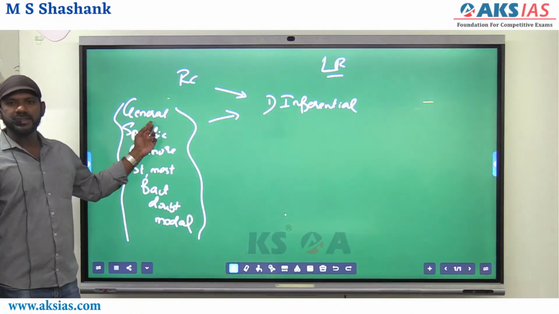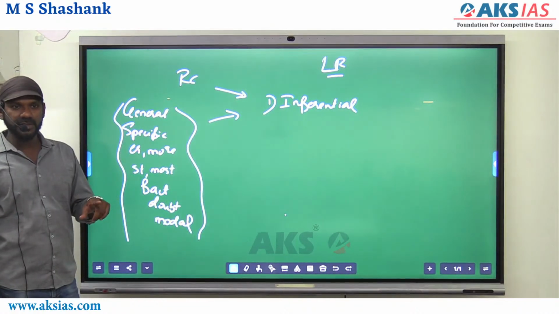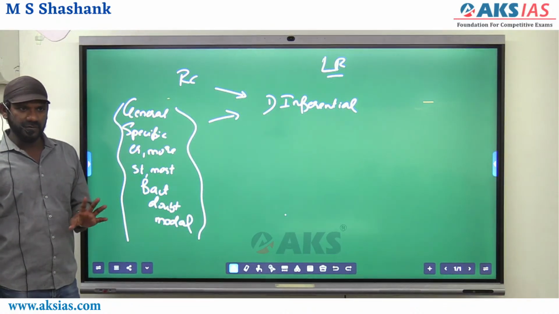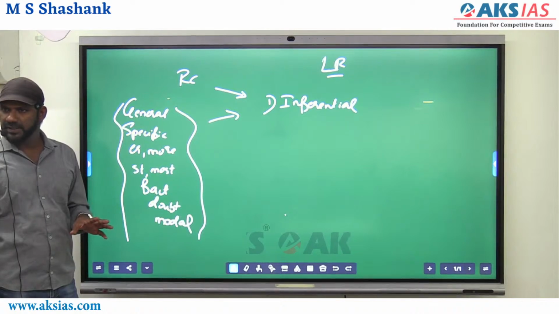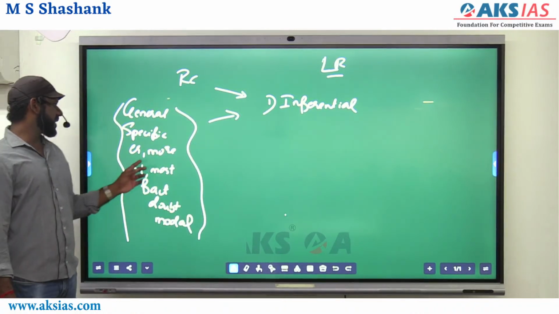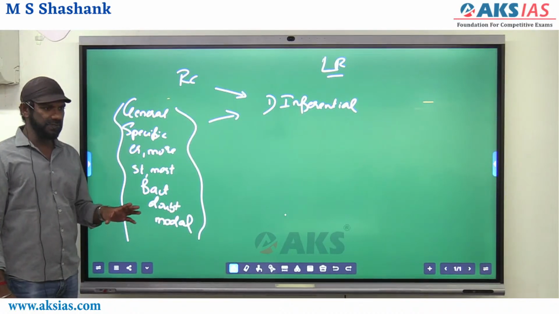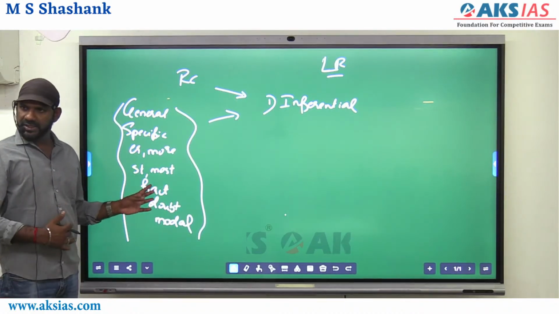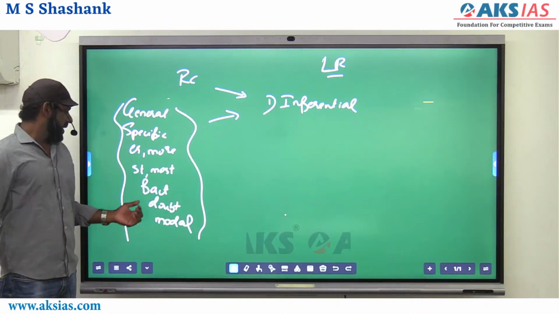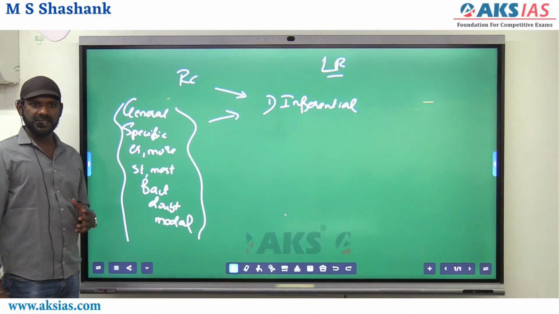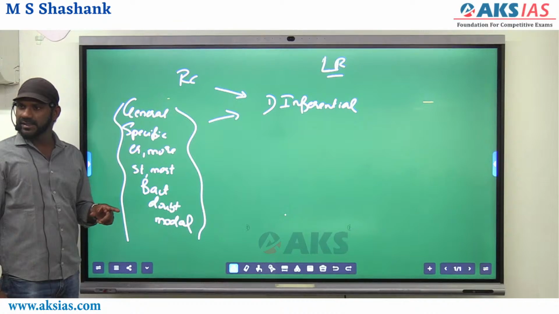If an option is general, in the paragraph also it must be general. If an option is specific, in the paragraph also it must be specific. If there is a comparative degree adjective in an option, there must be a comparative degree adjective in the paragraph. A superlative degree adjective in the option, the same thing. If an option is framed like a fact, in the paragraph also it must be framed like a fact.